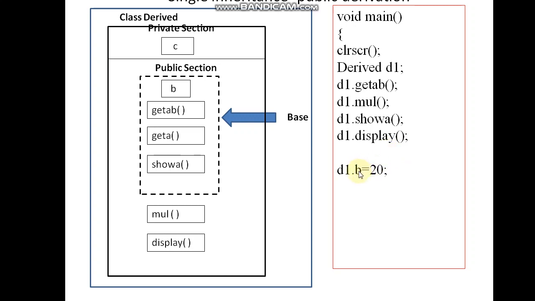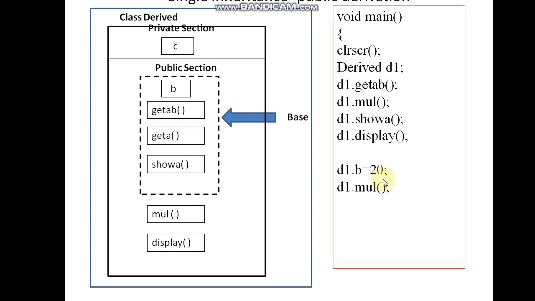Now B can be assigned 20. B can be accessed in the main function as it is a public data member in the derived class. It can be accessed inside the class as well as outside the class.